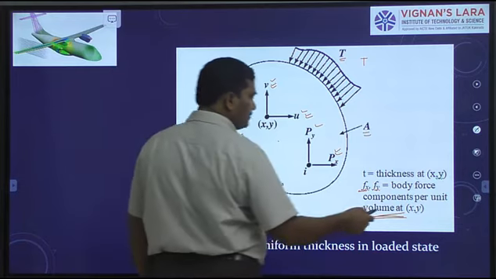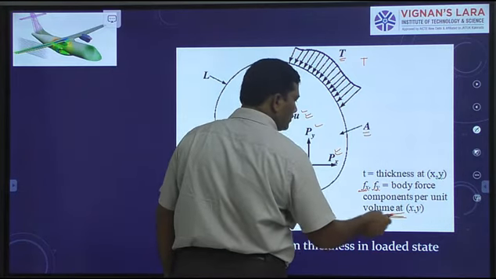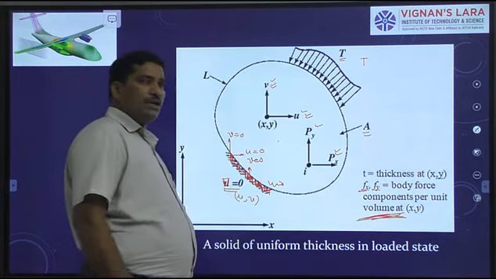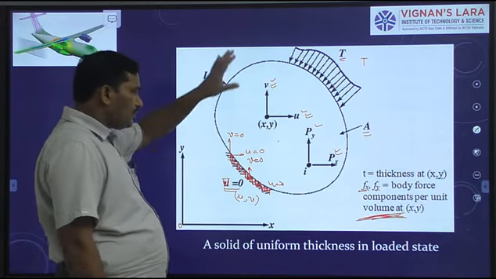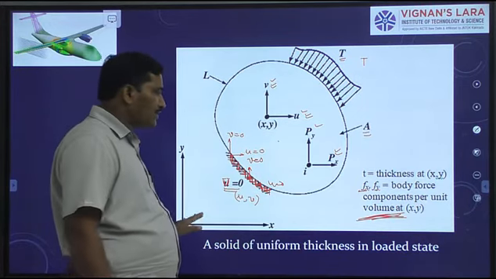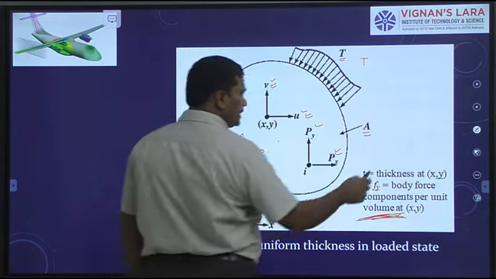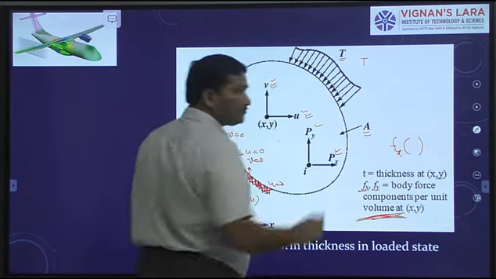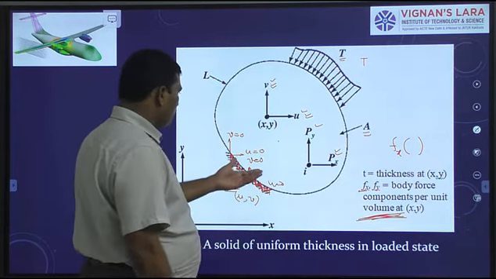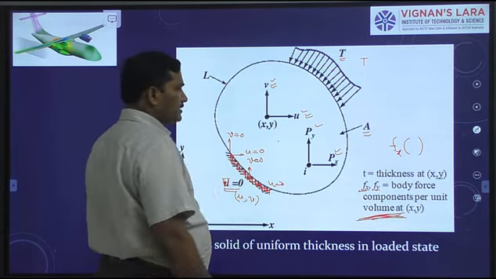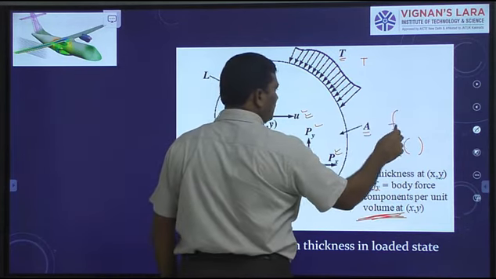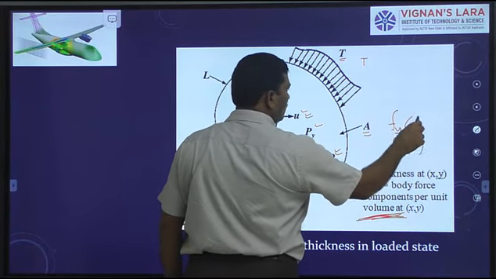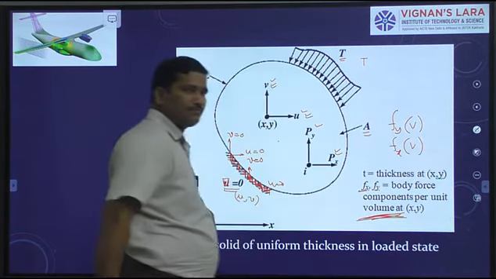They are defined as the body force per unit volume. Therefore, if you want the body force of this solid in the direction of x, we have to multiply Fx by the volume of this solid. If you want the body force in the direction of y, you have to multiply Fy by the volume of the solid.